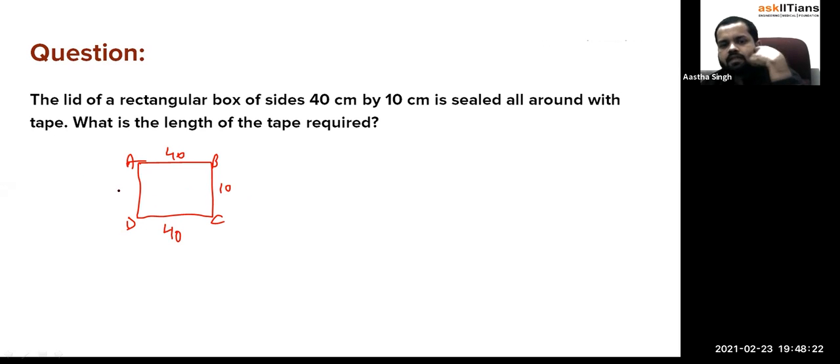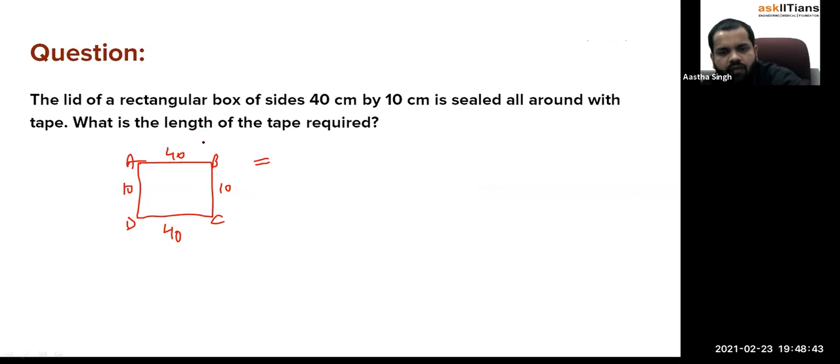And if BC is 10, AD is also 10. You have sealed the box with tape all around its boundary. So what is the length of tape required?